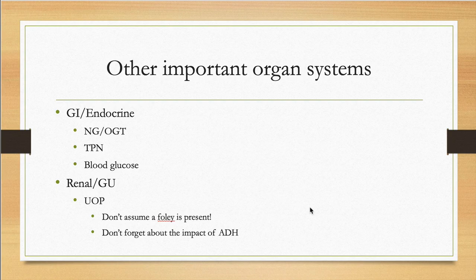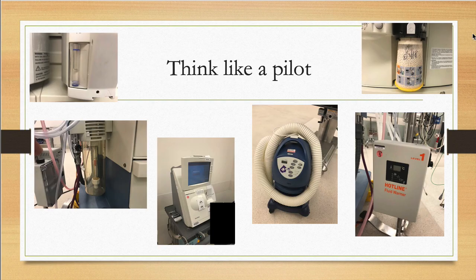Okay, so you've gone through your system, you've checked all the boxes, you feel pretty confident that the patient is doing well. One last thing to do is to examine the room and think like a pilot. And Dr. David Hindelman is a fantastic anesthesiologist that we work with here at UCLA.